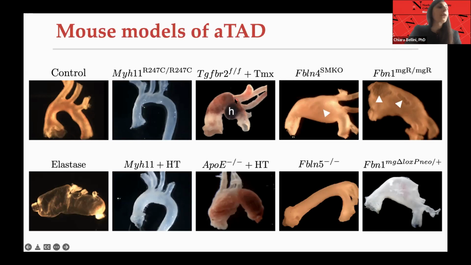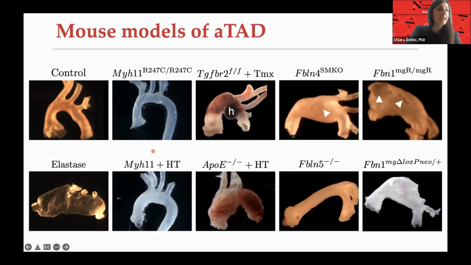Next, the postnatal genetic mutation that reduces the aortic expression of TGF-beta receptor type 2 causes the thoracic aorta of affected mice to thicken, dilate, and dissect, with the occasional formation of intramural hematoma and false lumen.